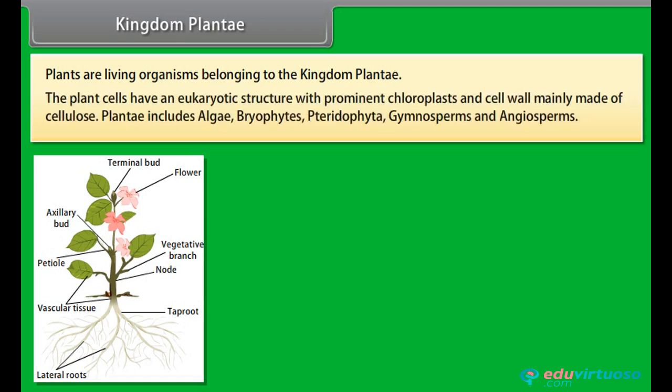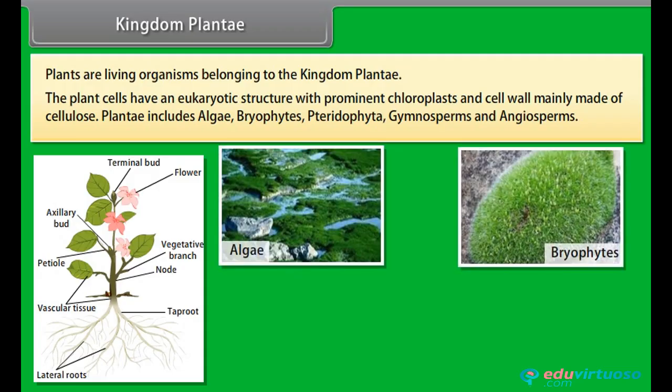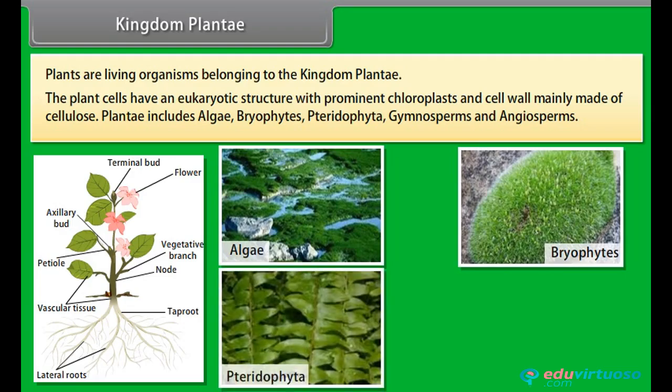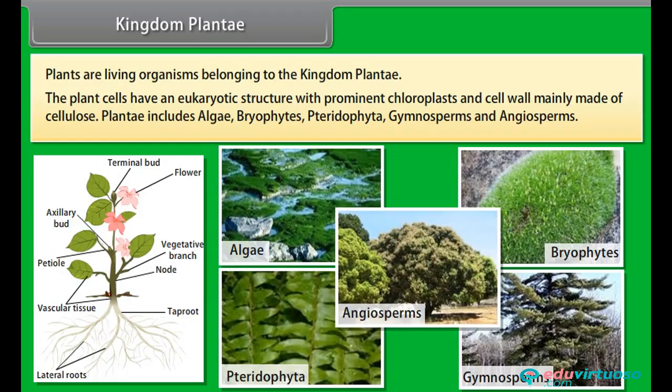The plant cells have a eukaryotic structure with prominent chloroplasts and a cell wall mainly made of cellulose. Plantae includes algae, bryophytes, Pteridophyta, Gymnosperms and Angiosperms.